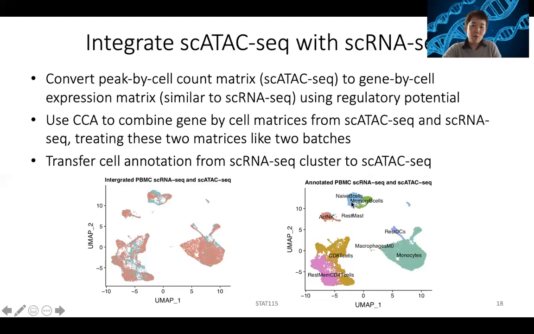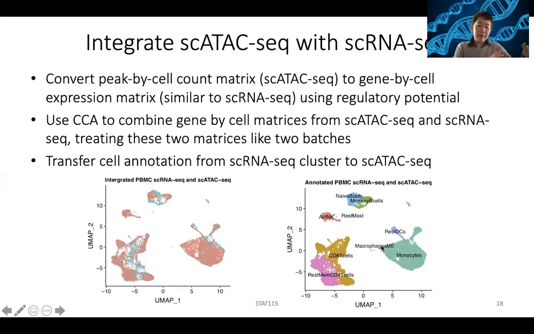And so now we can transfer the single cell RNA-seq cell identity into the single cell ATAC-seq as well. So you can see here are the B cells, and these are the T cells, and these are the monocytes and macrophages, and so on.